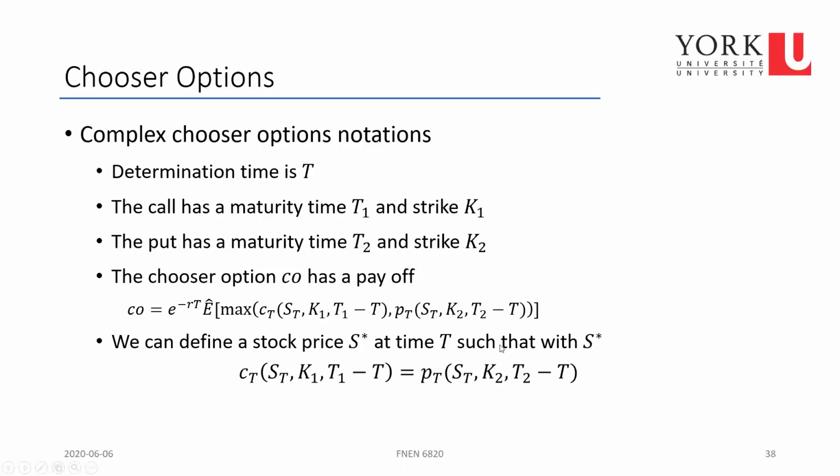Now, suppose we define a stock price S star at time T, the maturity time of the chooser option, such that this is the price where these two values are equal. Okay, so basically switch over points.